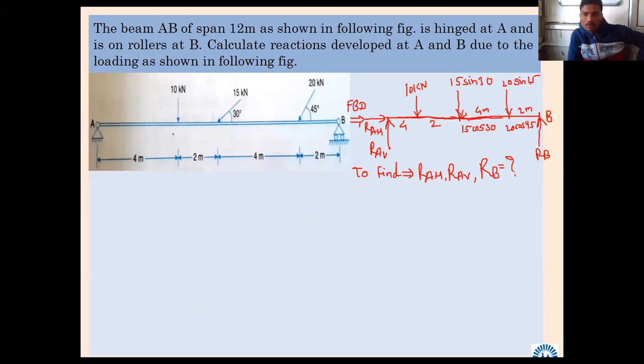Go ahead. Sir, RB 18.86. 18.87. Okay, 86, 87, both are correct. Don't worry. Sir, RA 12.77.